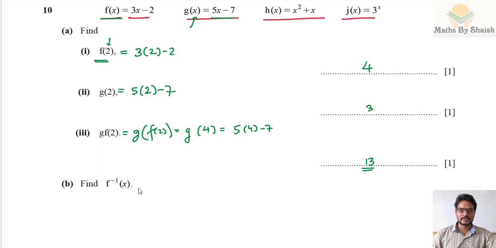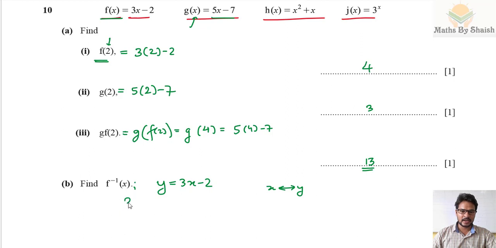Next is f inverse x. We need to find f inverse x, and there is a fixed procedure. First of all we'll take y equals f(x), so it becomes y equals 3x minus 2. Then we will exchange x by y and y by x.